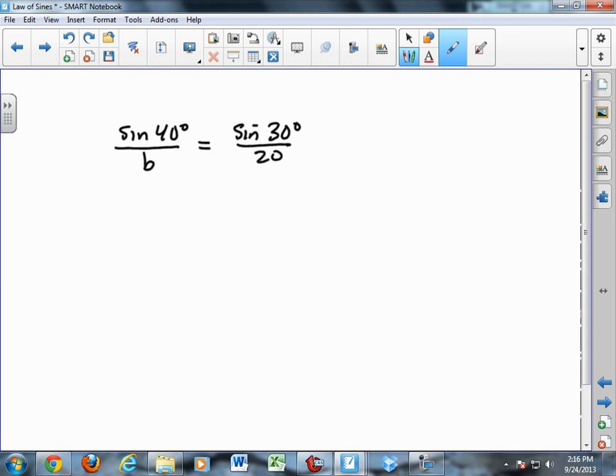If I were to multiply both sides of the equation by 20, the 20s would cancel out on the right and 20 would end up in the numerator on the left. If I were to multiply both sides of the equation by b, the b's would cancel out on the left and b would be in the numerator on the right. So a simple way to do that is just to say 20 times sine 40 is equal to b times sine of 30.